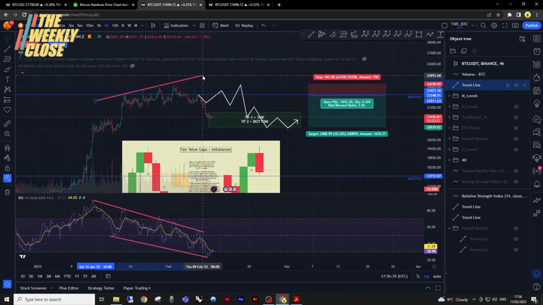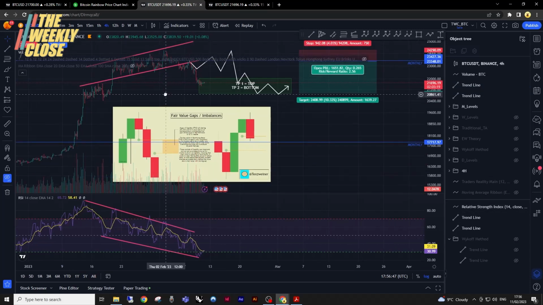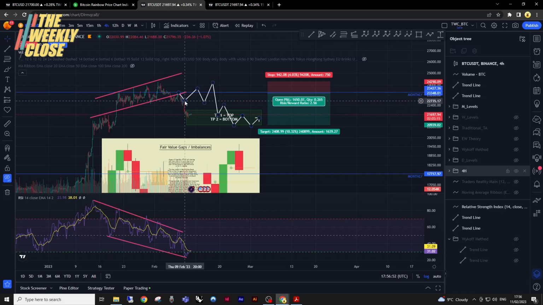That entire almost upwards channel is totally in conflict with what was going on with the underlying price, which motivated me to think that actually we're going to see a breakdown, especially with the monthly level there.